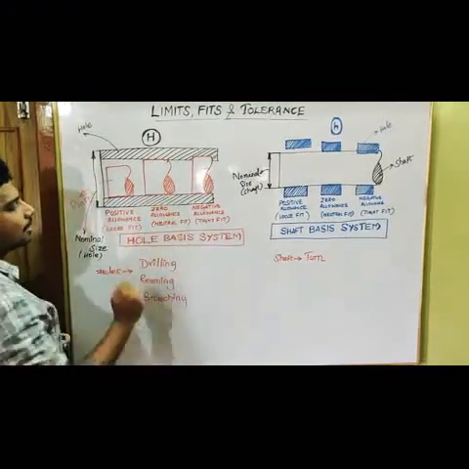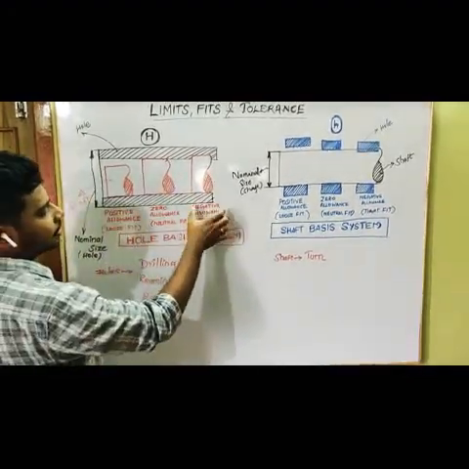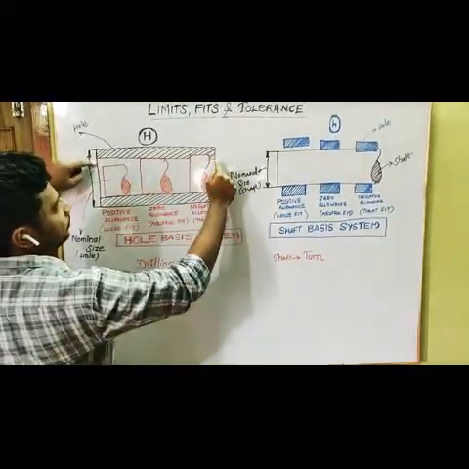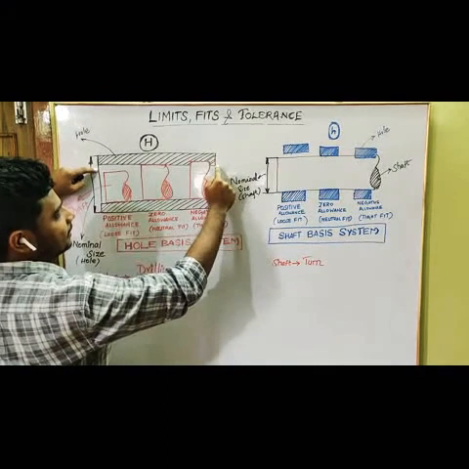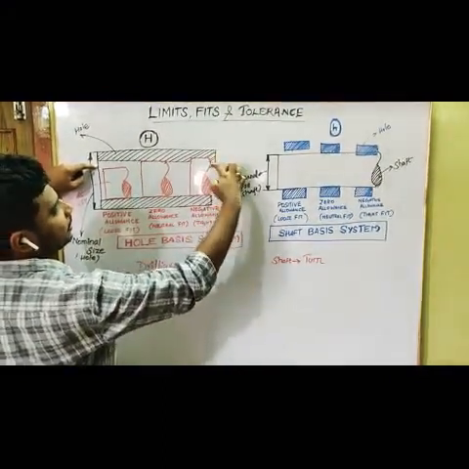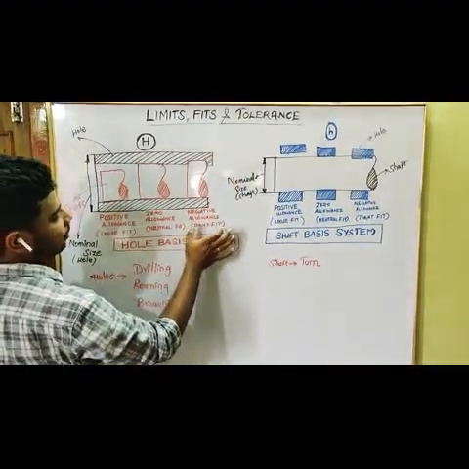That is called a neutral fit. The third one is negative allowance, where the lower deviation of the shaft is less than the upper deviation of the hole, which means it is getting interfered with. This is called negative allowance, and it is called a tight fit.